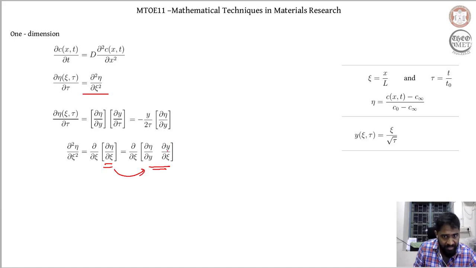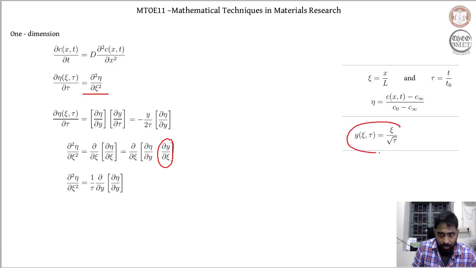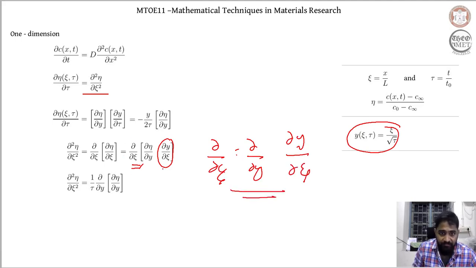Once I have a relation for this from my description of y, I can solve this from the description of y. Even this I can write as the change with respect to y and y with respect to psi. So even this term I can expand like this, and when I do that I end up with an expression like this.